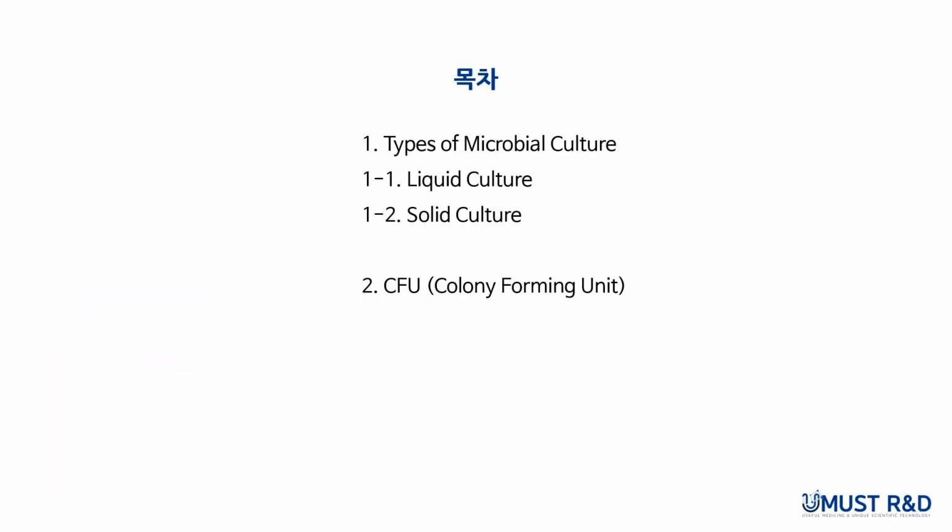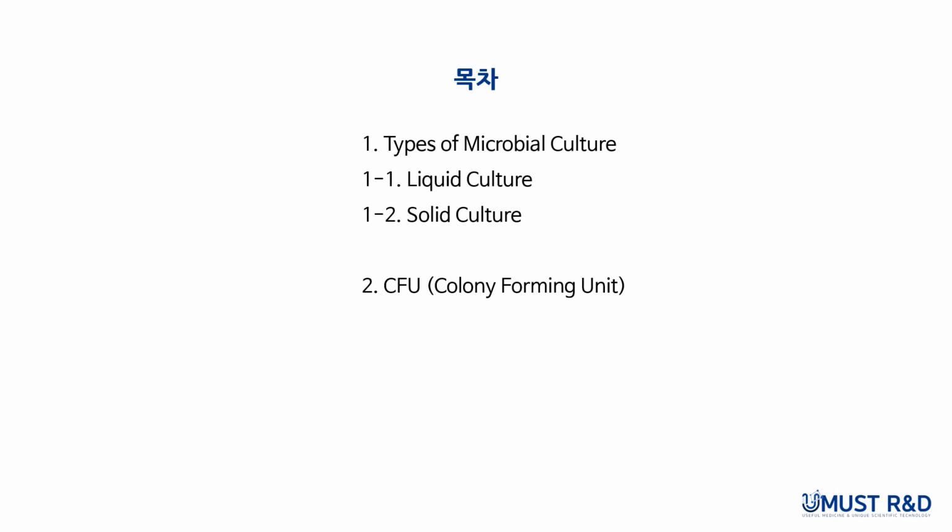In the last chapter, we classified culture media based on their physical state into liquid, solid, and semi-solid media and studied their characteristics. The choice of culture method depends on the type of medium used.